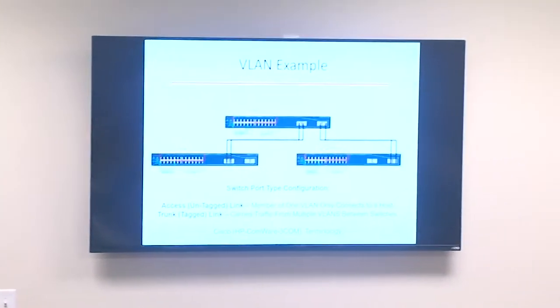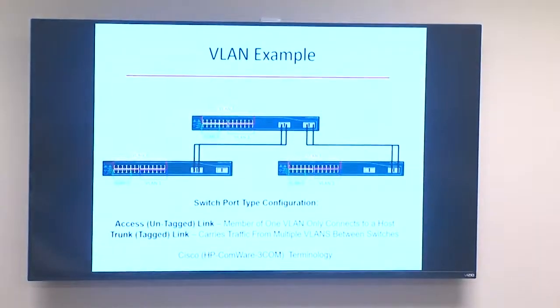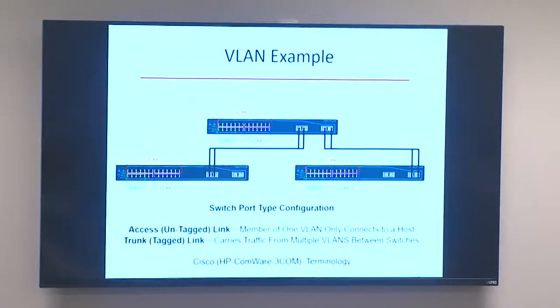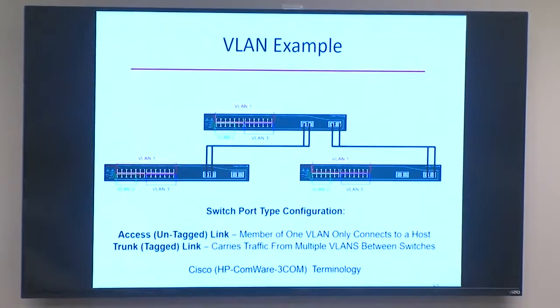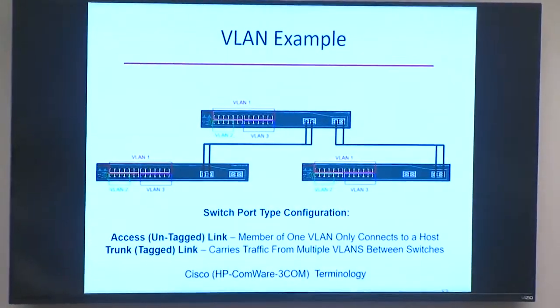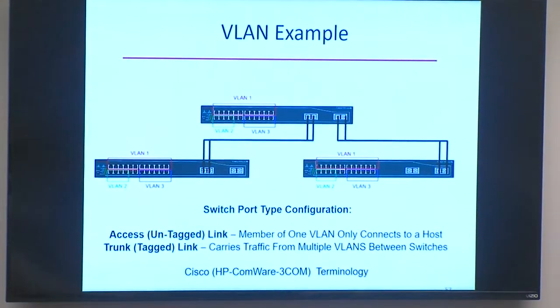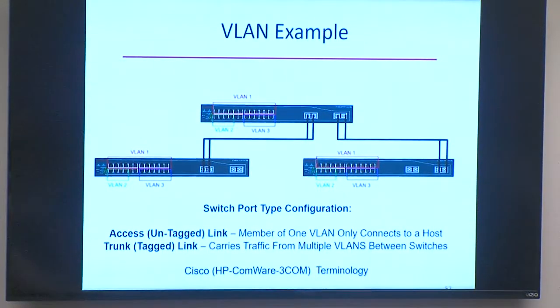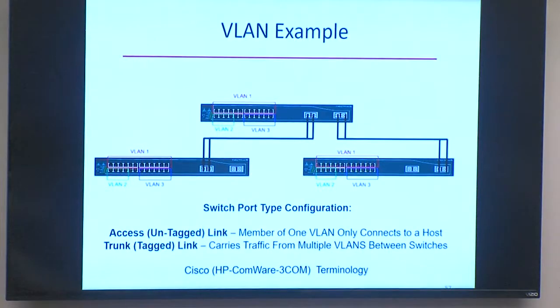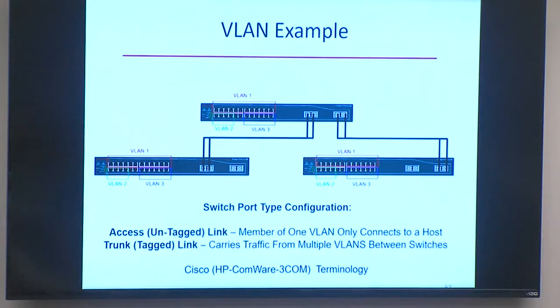So as an example, let's build a little network. We'll start out and let's take 3 switches and put together a small network that looks like this, and let's use 3 VLANs. Now, one thing, I keep saying I'm going to change the slide because I'm probably implying something in this slide that is not accurate.